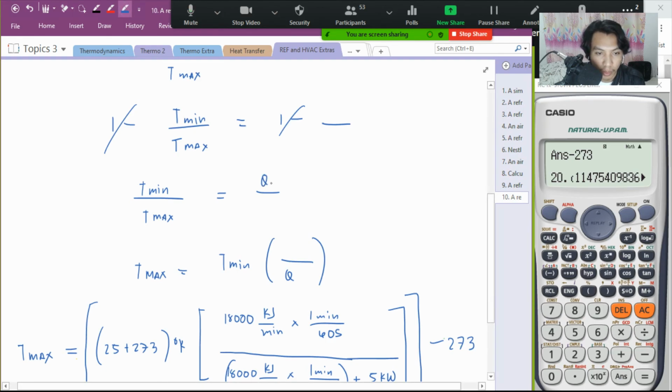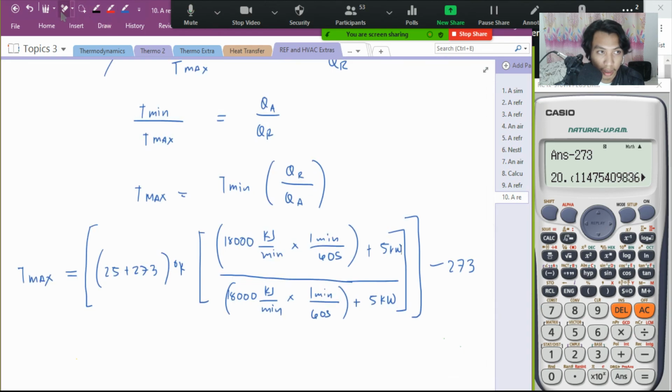T minimum QA over QR. Heat pump pala 'to. Baliktarin ko na lang, plus 5 kilowatt. Dito, baliktarin natin. Okey. Dito lang tayo nagkatalo.